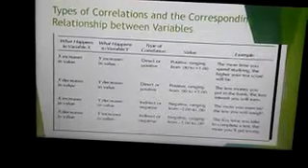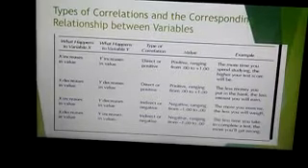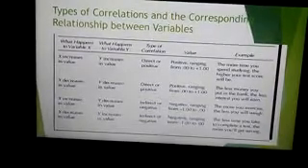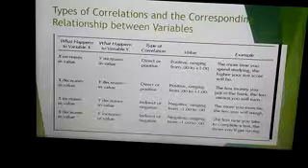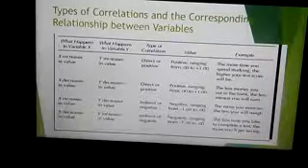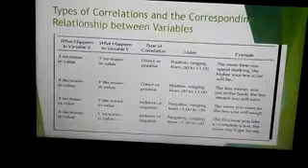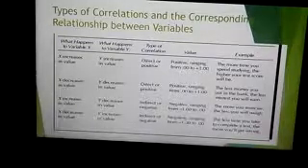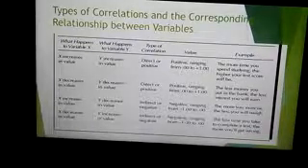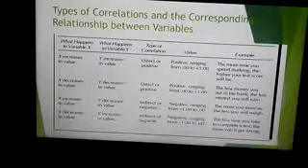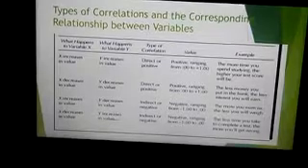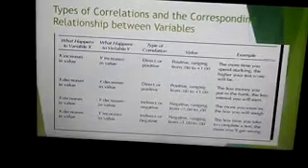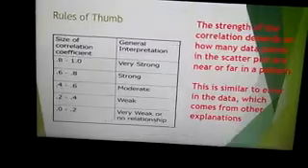The last one, if x decreases in value and y increases in value, again there is an indirect or negative type of correlation. Its value again is negative, ranging from negative 1.0 to 0.00. Example: the less time you take to complete a test, the more you'll get wrong. Okay, do you understand? Now let's move forward.